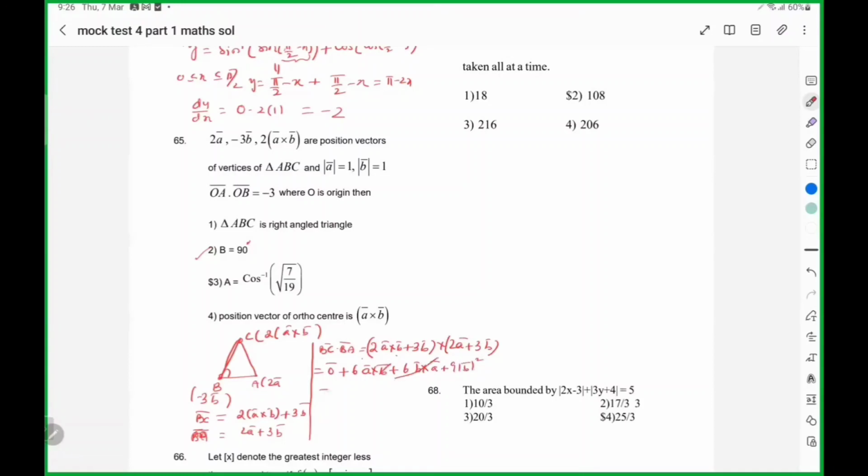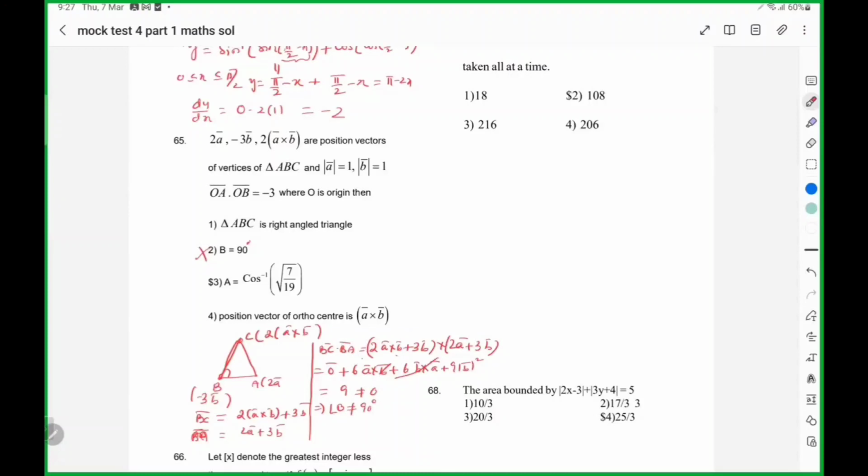These two get cancelled. A and B, he told, are not 1, 9, so it is not equal to 0. Angle B is not 90 degrees, so the second option is wrong.